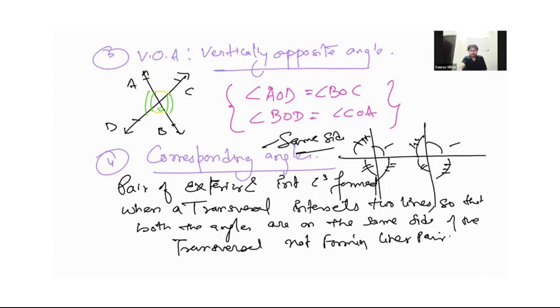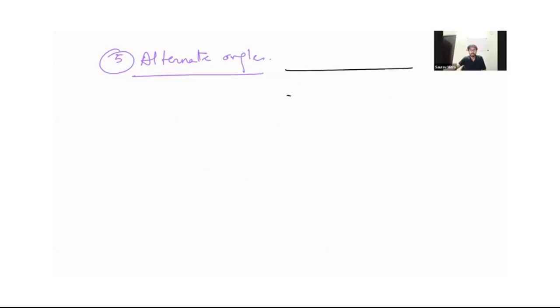Now let's see another: the pair of alternate angles. Two parallel lines are intersected. Alternate means they are on either side.